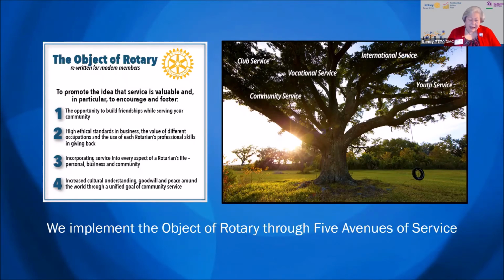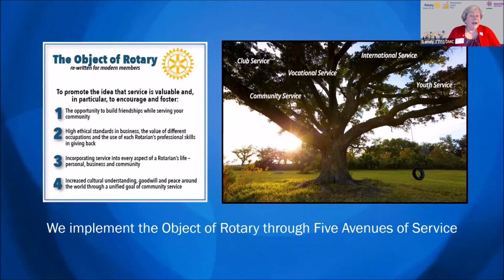Now, how many of our members globally can actually say that they were introduced to the object of Rotary before joining, or even after they became a member? Yet it's the very essence of who we are. These 4 statements explain why service is at the heart of what we do.